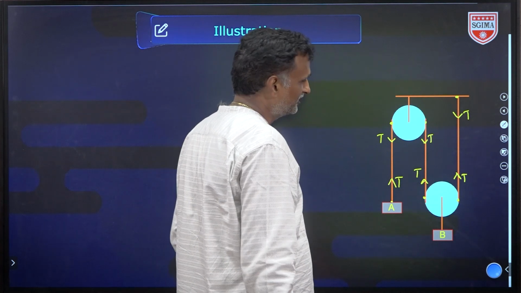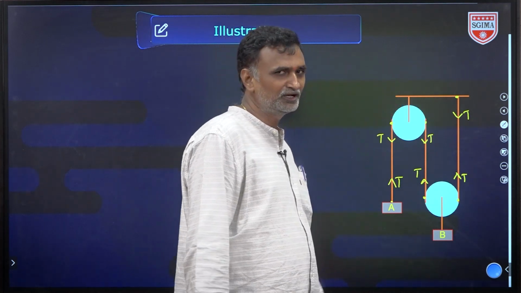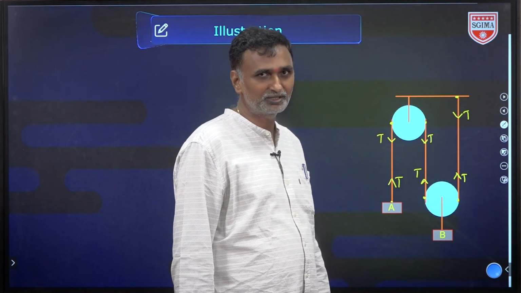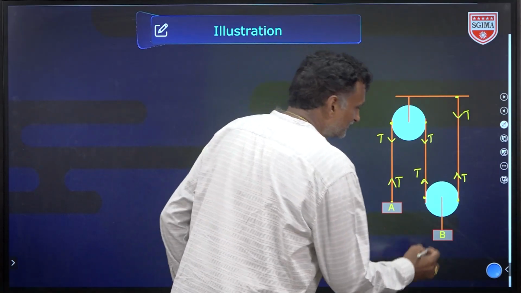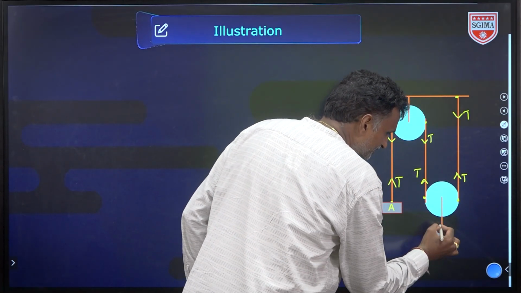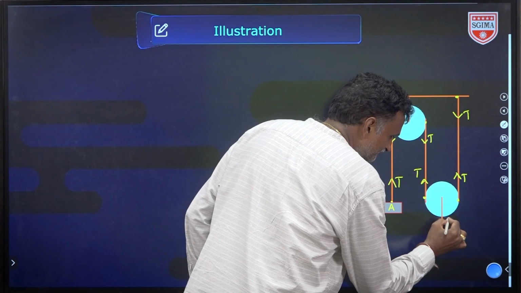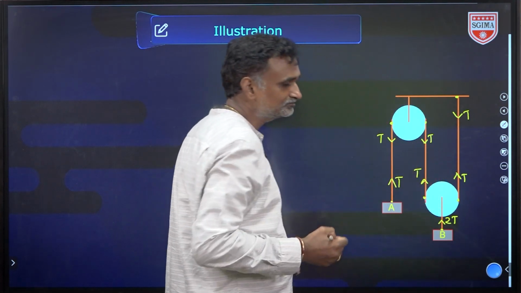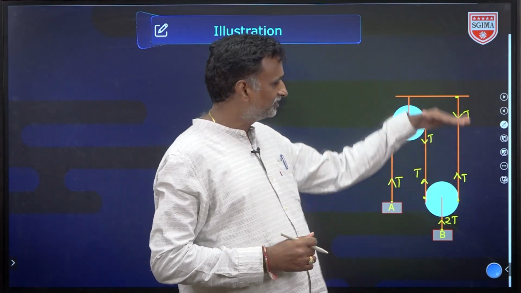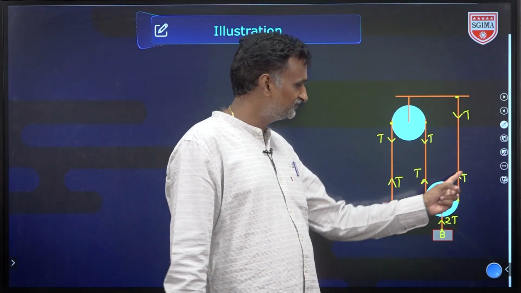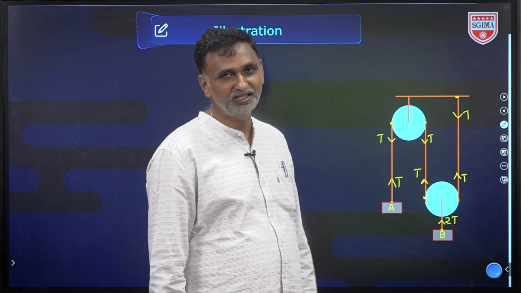Here it is fixed and rigid, so no need to write any value here. Then this T and this T should be balanced with 2T, downward 2T, upward 2T. Because of this they add up, and 2T acts.